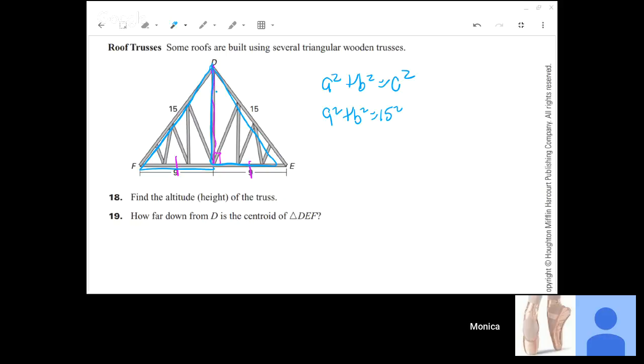Okay, now to find the centroid, if you flip in your book, remember the centroid is the point of concurrency of all of the medians of a triangle. That's on page 321.